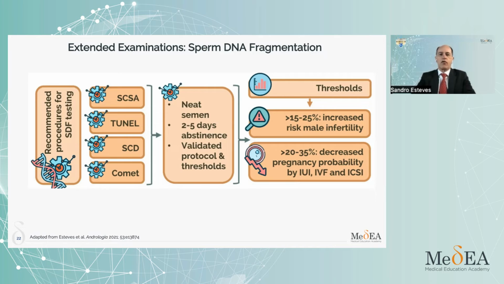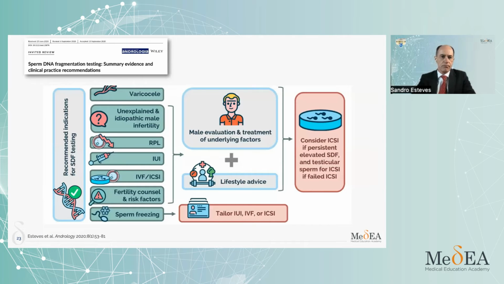If correctly performed, the 4 sperm DNA fragmentation tests provide valid information concerning the risk of male infertility and the probability of reproductive success, both for natural and assisted conception.